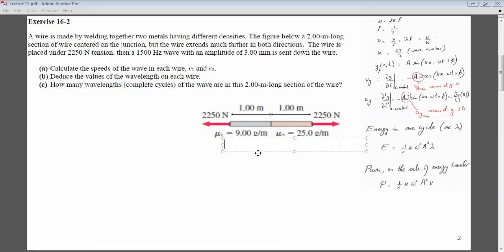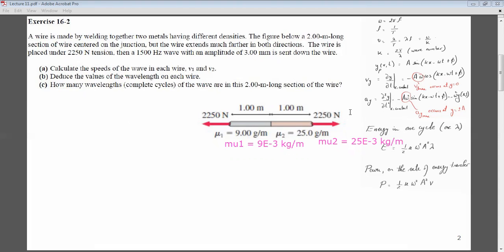So mu1 is 9 e to the minus 3 kilogram per meter, and mu2 is 25 e to the minus 3 kilogram per meter. The figure below shows a 2-meter long section of the wire centered on the junction, but the wire extends much farther in both directions.